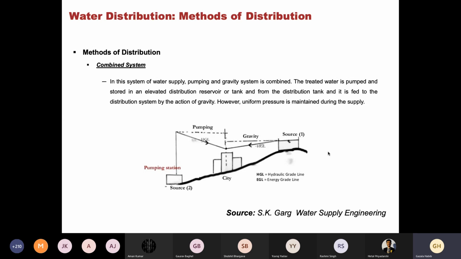You must have seen very large tank on high altitude in your city, and in those tanks, which are also known as reservoirs, the water is pumped, and from there it is released to the main and branch or distribution system, and it will have the sufficient pressure to reach the individual house. However, uniform pressure is maintained during the supply. So that is another, combined system.